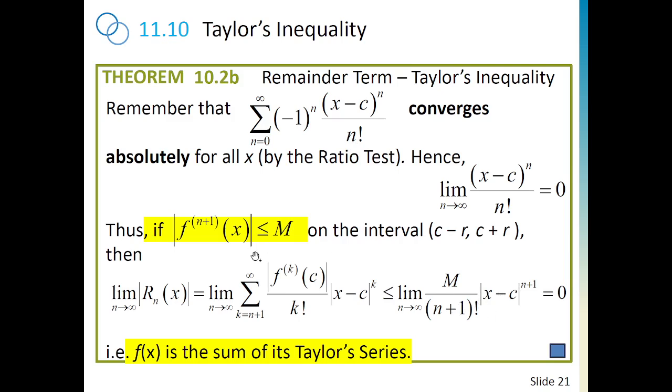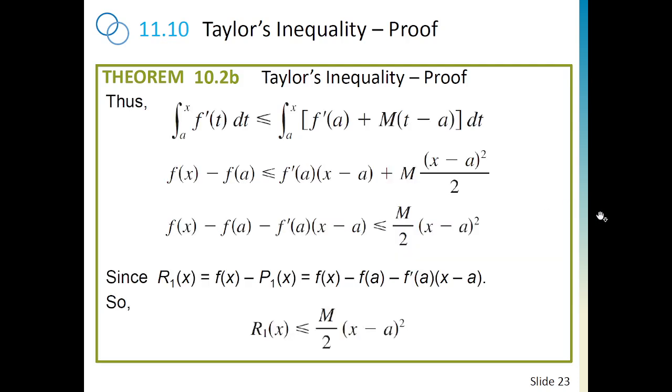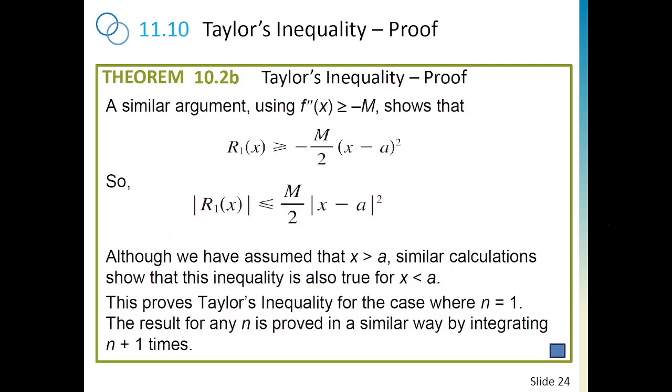So mainly what we need is just to show that the derivative n plus 1 in absolute value is smaller than some constant number for x's inside the interval of convergence. This part is crucial to show that our Taylor series that is convergent is actually converging to the function f that we used to generate it. The proof is there just for illustration purposes, so if you wish to look at it, it's fine. If not, it doesn't matter.